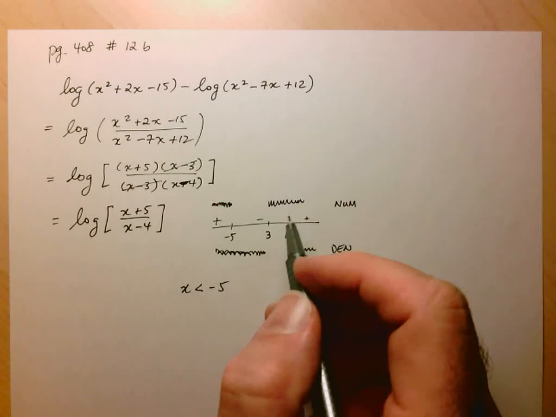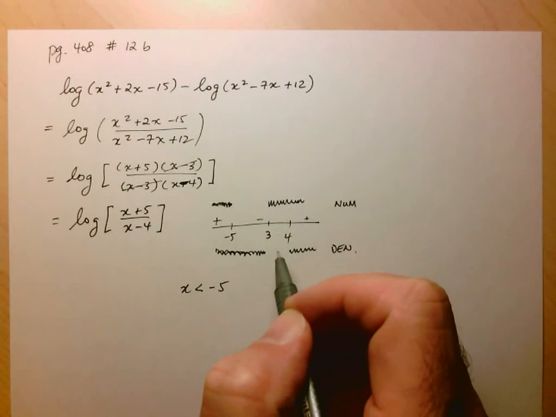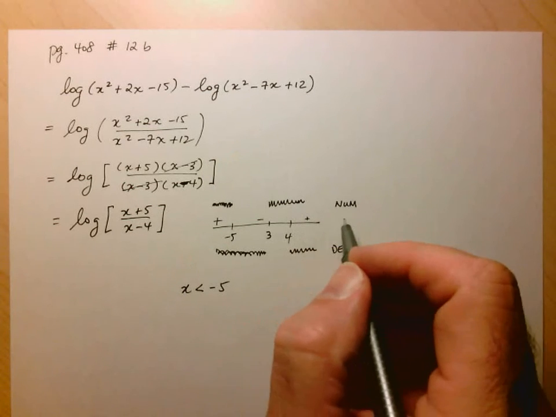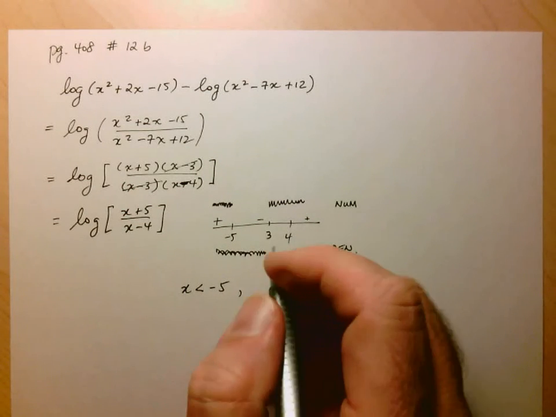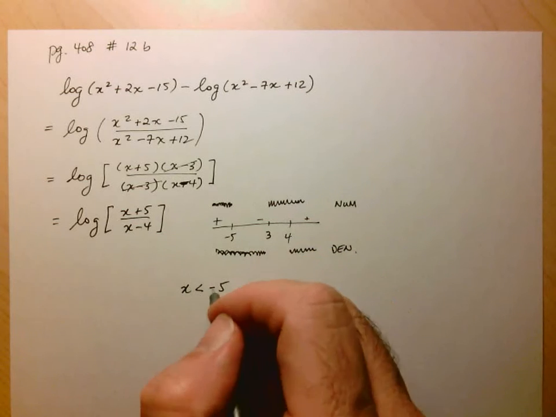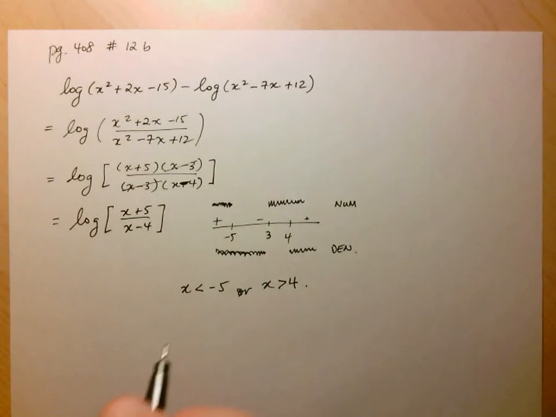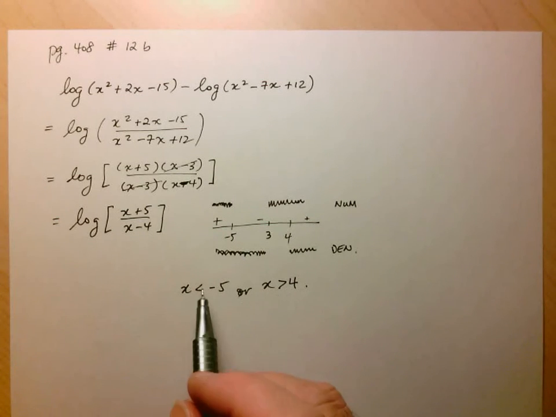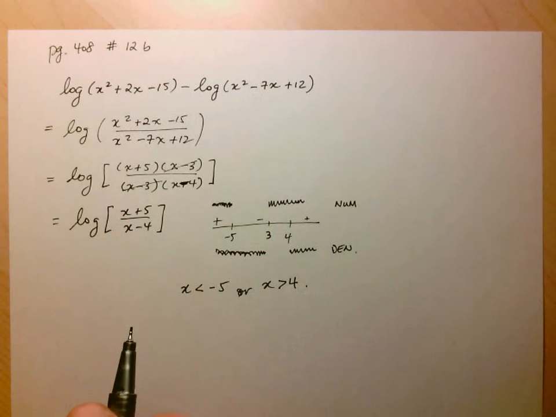Even though the numerator is positive between 3 and 4, the denominator is not, or the other expression is not. And for everything greater than 4, everything is positive. So x has to be less than negative 5, or x has to be greater than 4. We don't include either of these, because the input can't be equal to 0 either.